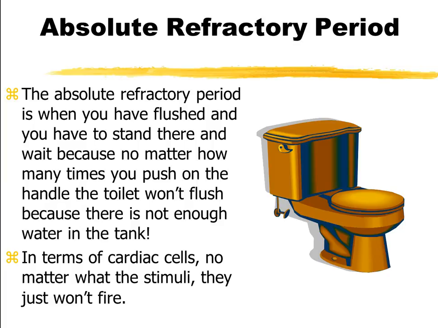You might push that handle up and down, but there's not enough water in the tank to make another flush. So relative to the heart cells, there's no way that they can send off another impulse, no matter how much the stimulus is.